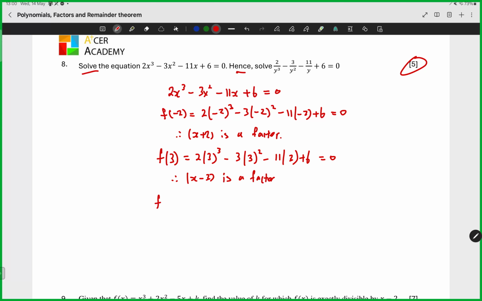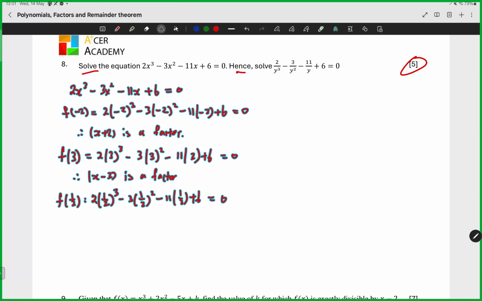And then we just do the same thing. f of half equals 2 times half cubed minus 3 times half squared minus 11 times half plus 6, which also equals 0. Okay, so write down 3 times.